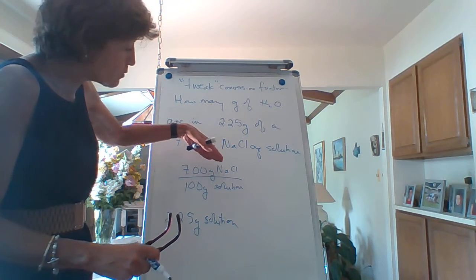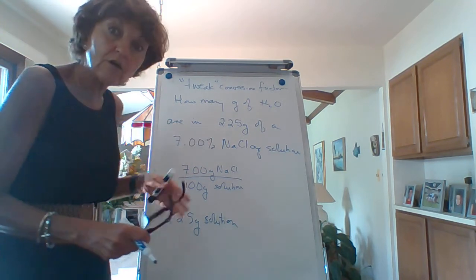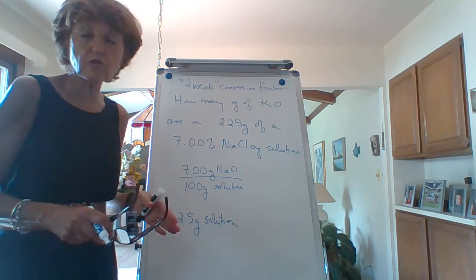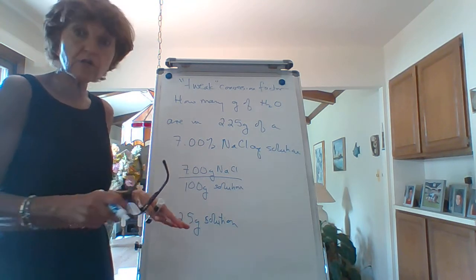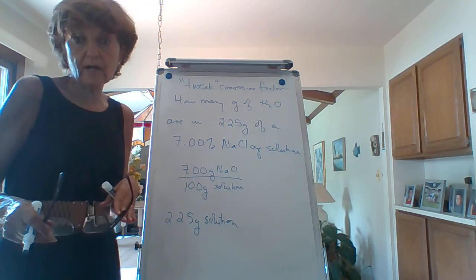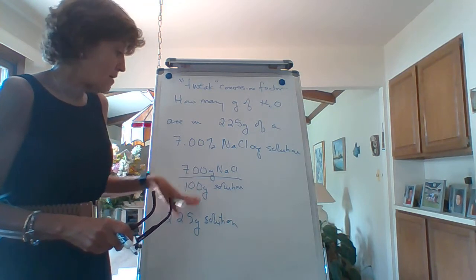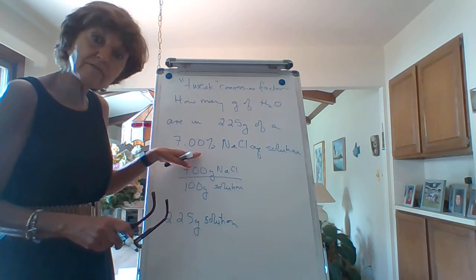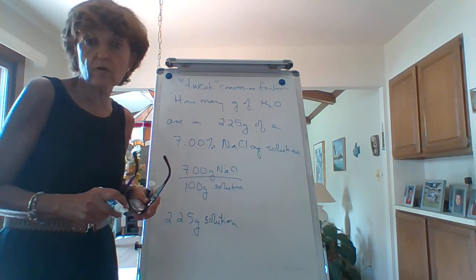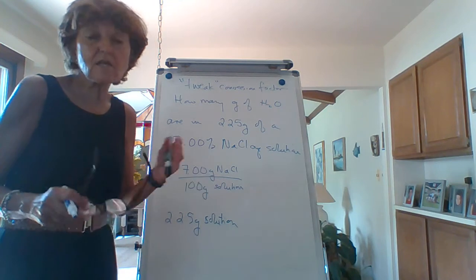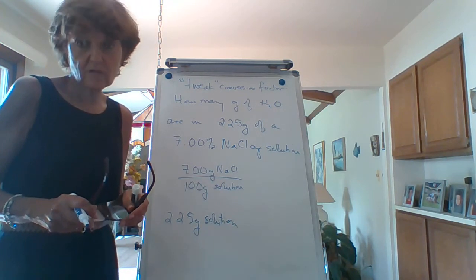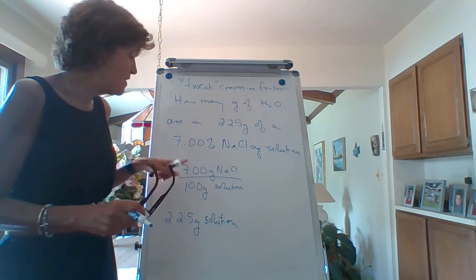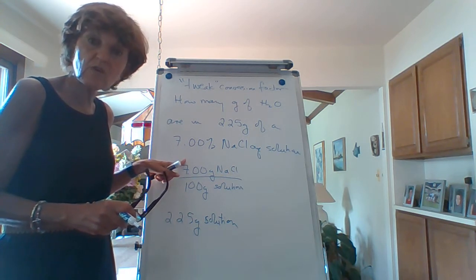What we want to do is change this here and turn it into water. Now this is an aqueous solution, so we know that the solution is water and sodium chloride. I'm saying, based on this, that in 100 grams of solution, I have 7 grams of sodium chloride. So that means the rest is water. You see what I'm talking about here? In 100 grams of solution, 7 of them are sodium chloride.